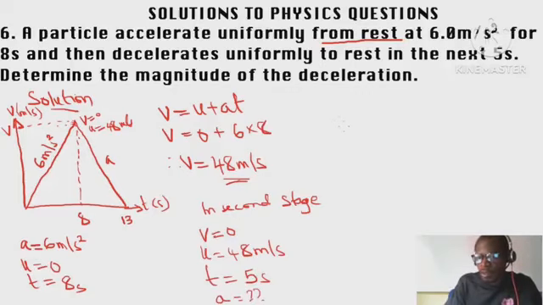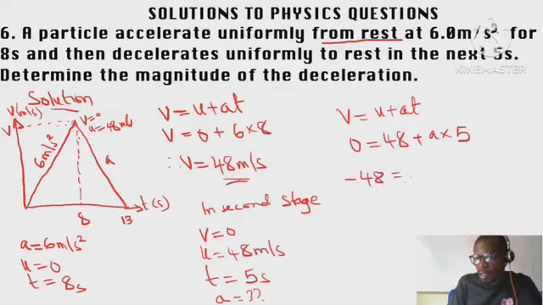So here we can see that also v equals u plus at, and v here is equal to 0, u is 48, plus a, then multiply by t, which is 5. So from here we have minus 48 equals 5a.